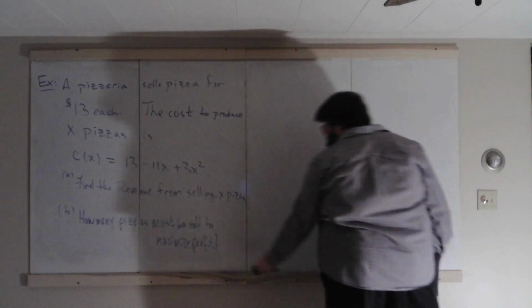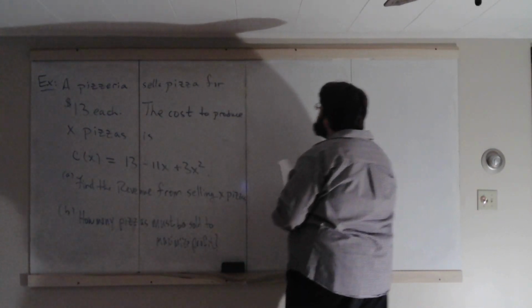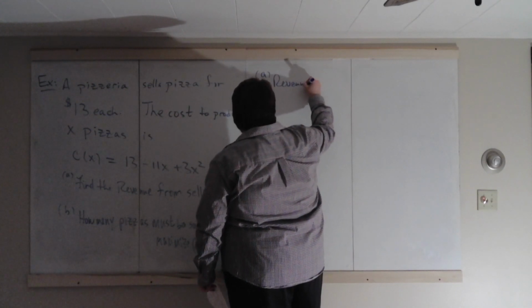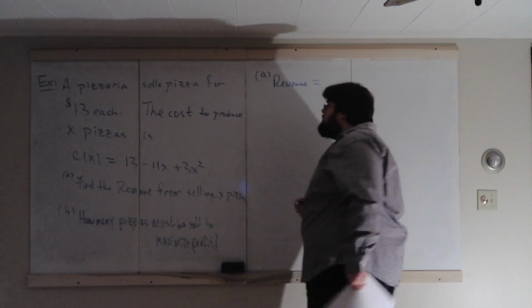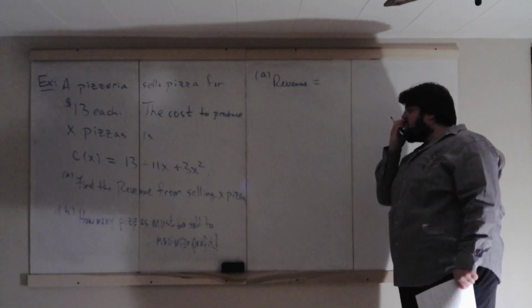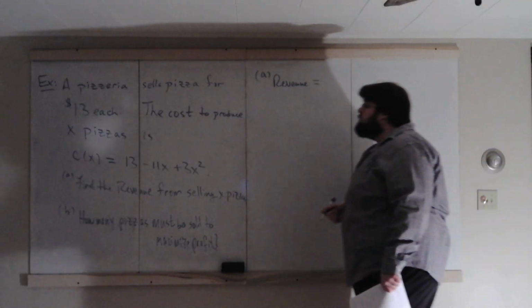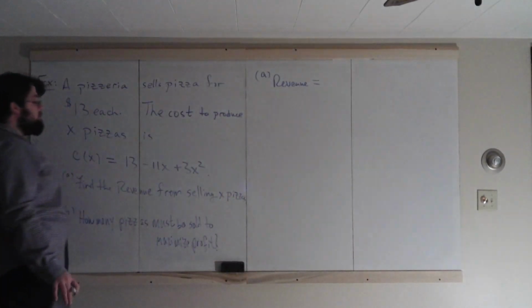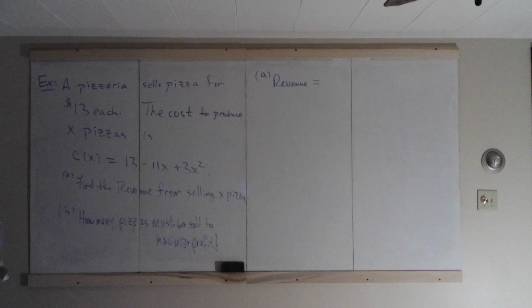So let's first do part A. Revenue equals what? Well, revenue is how much money the pizzeria brings in from pizzas. Pizzas sell for $13 each.